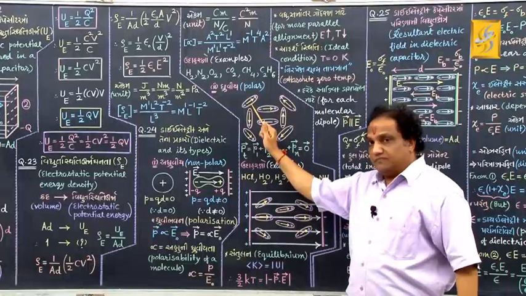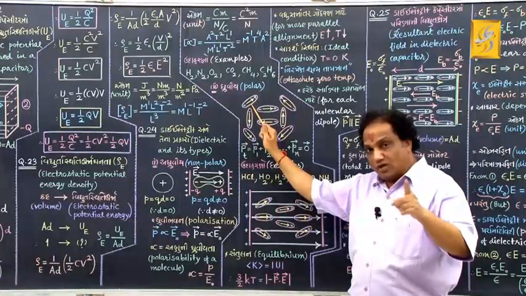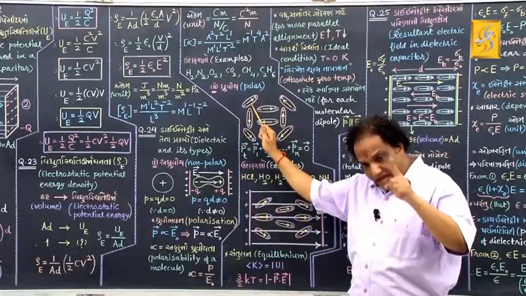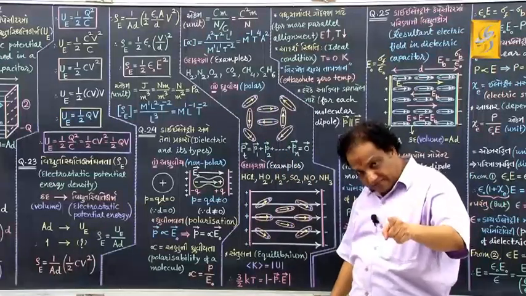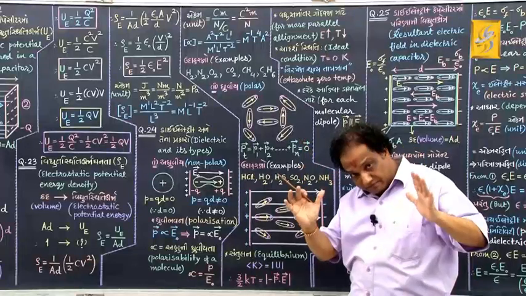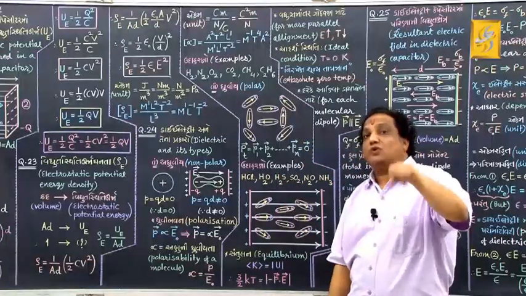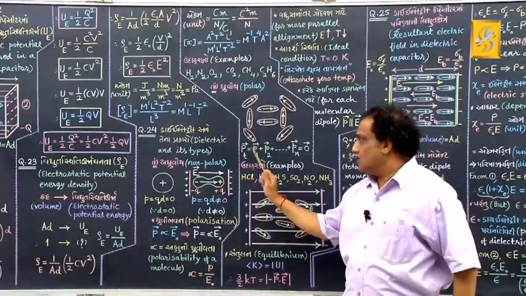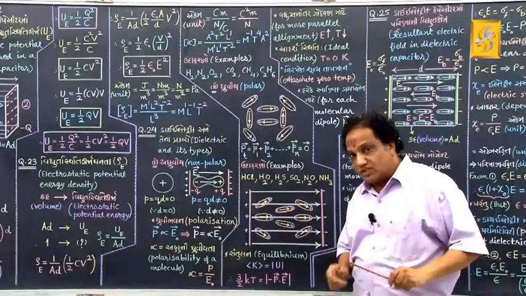Each molecule which behaves like a molecular or atomic dipole has some electric dipole moment, but if you think of the entire dielectric medium, then its total electric dipole moment is 0. Why is it 0?